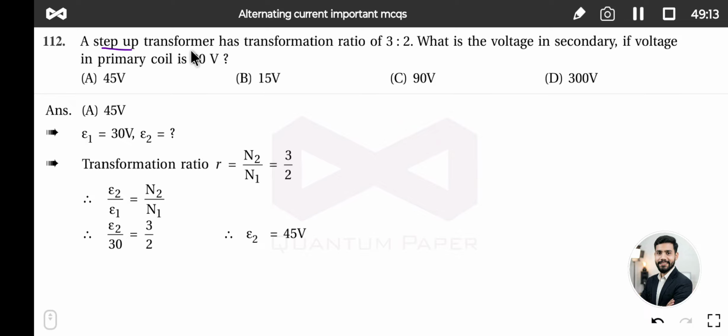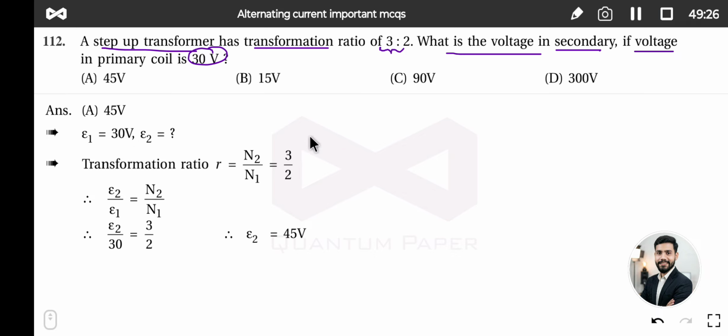A step up transformer has transformation ratio 3:2. What is the voltage in secondary if the voltage in primary is 30 volt? The transformer ratio is given as 3/2. It is step up, which means the secondary coil has more number of turns, so N2 upon N1 is 3/2. This ratio is very important. We have to find out the voltage in secondary. Number of turns and voltage are directly related in the transformer ratio.